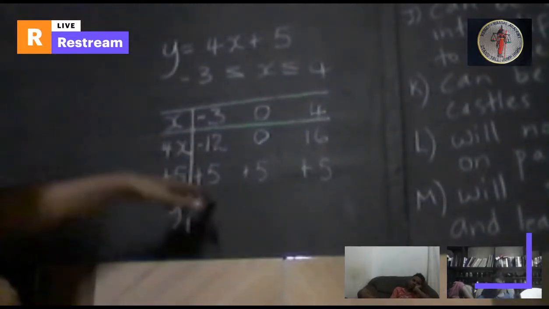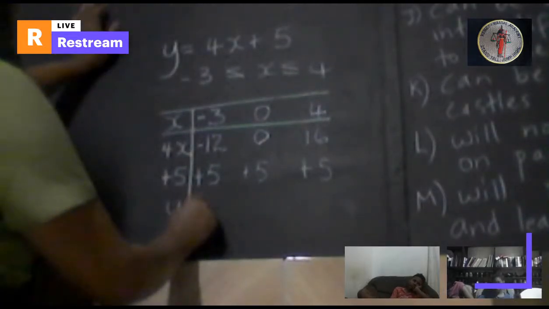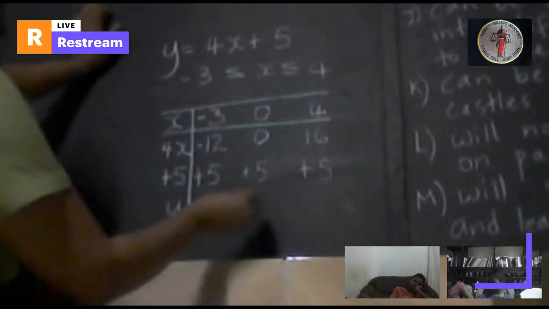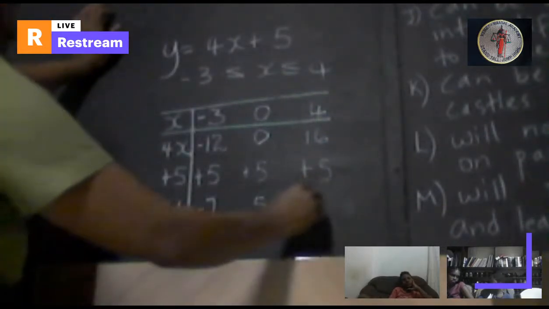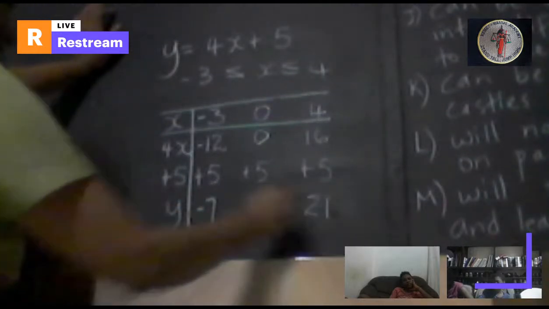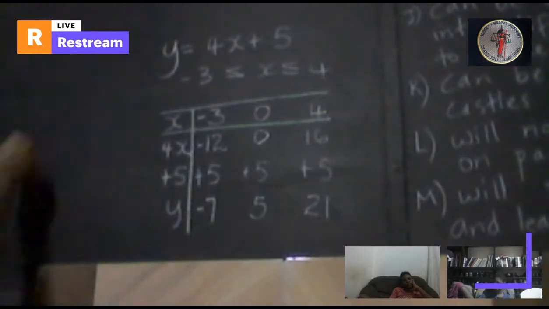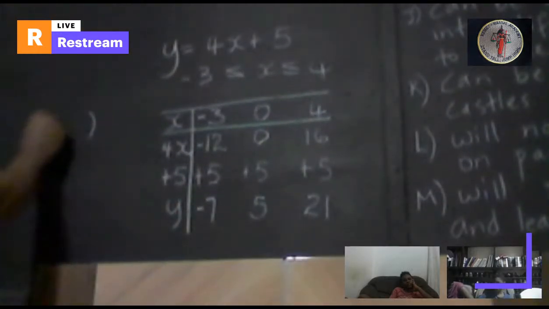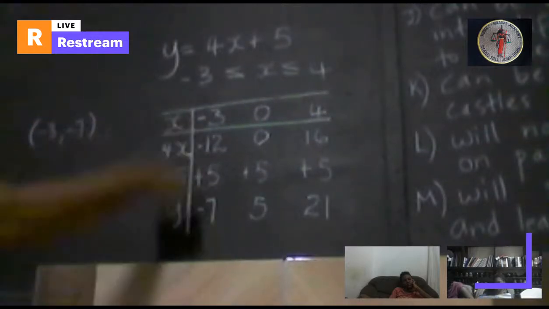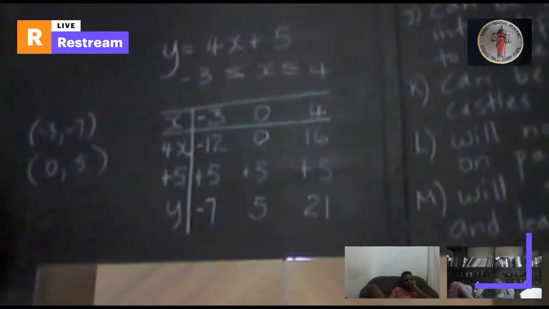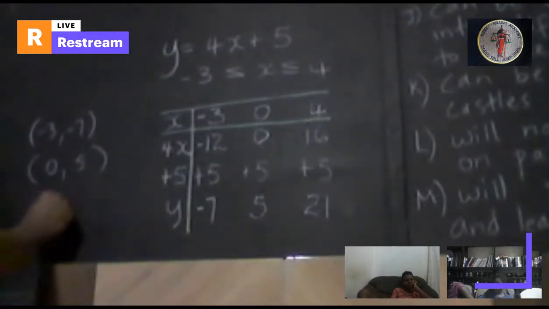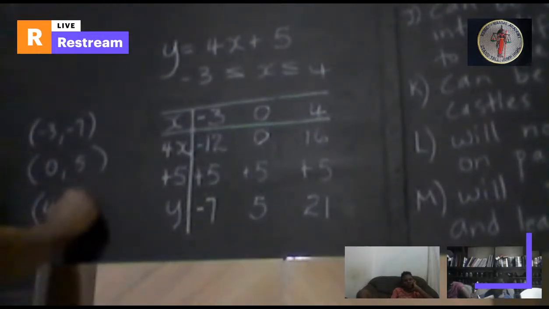All right, so negative 12 plus 5 is negative 7. 0 plus 5 is 5. And 16 plus 5 is 21. So our pairs of coordinates are negative 3 to negative 7, 0 to 5, and 4 to 21.